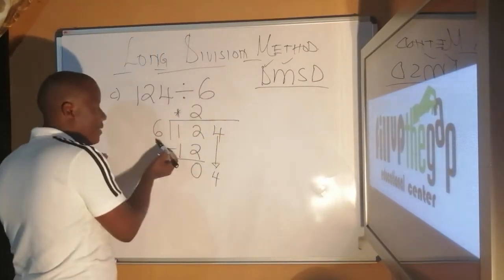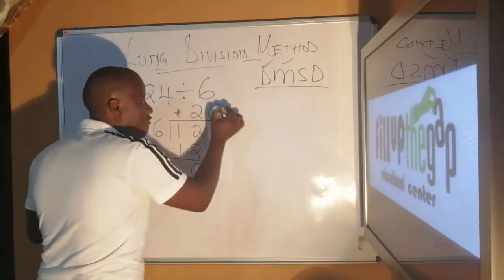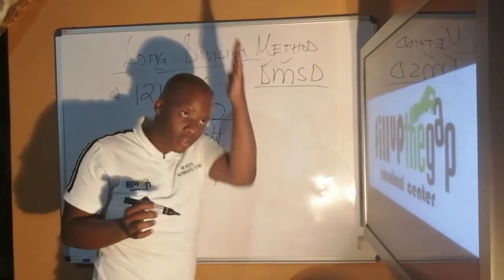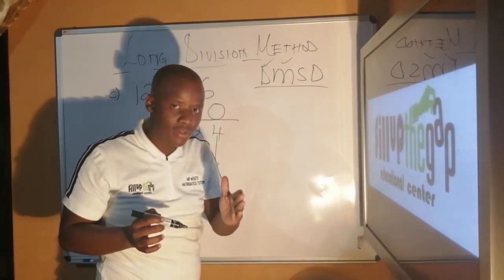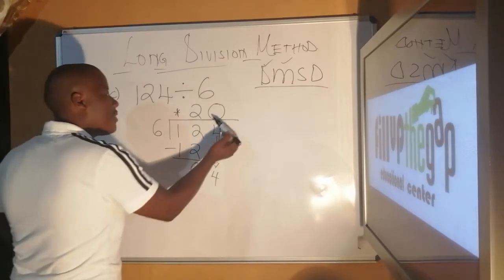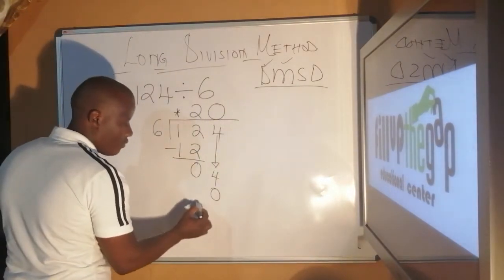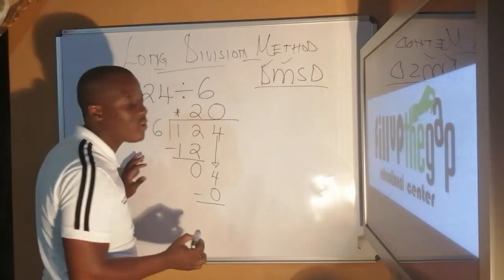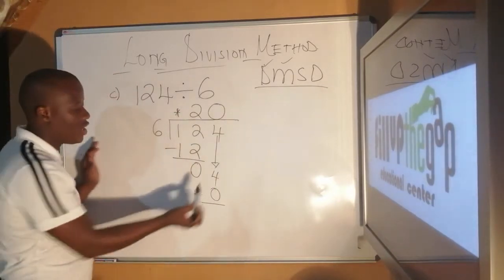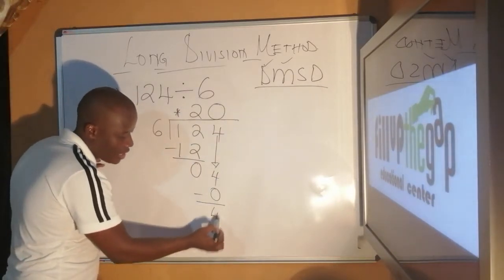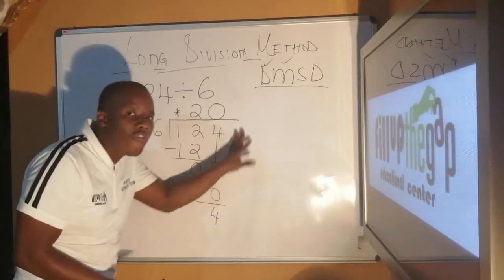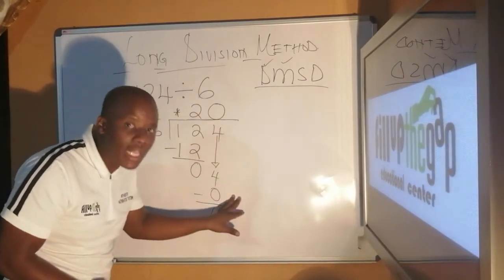So 4 divided by 6 is 0 comma something. We focus on the left hand side of the decimal. All right. So from there we say 0 multiplied by 6 is how much? Is 0. Then we are done with multiplication. What are we supposed to do now? Subtract. So 4 subtract 0 is how much? Is 4. We have no number to drag here.